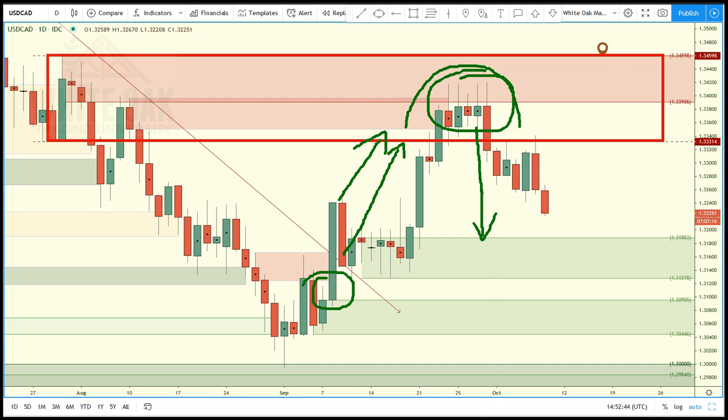Now this is the key area that we're watching here, this demand zone. Okay, the institutions created this demand zone as price was rallying up into that weekly area of supply. So just think logically.